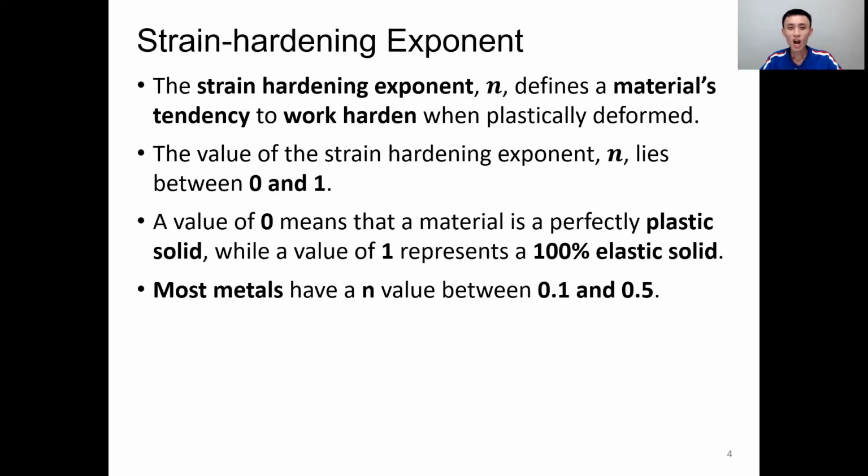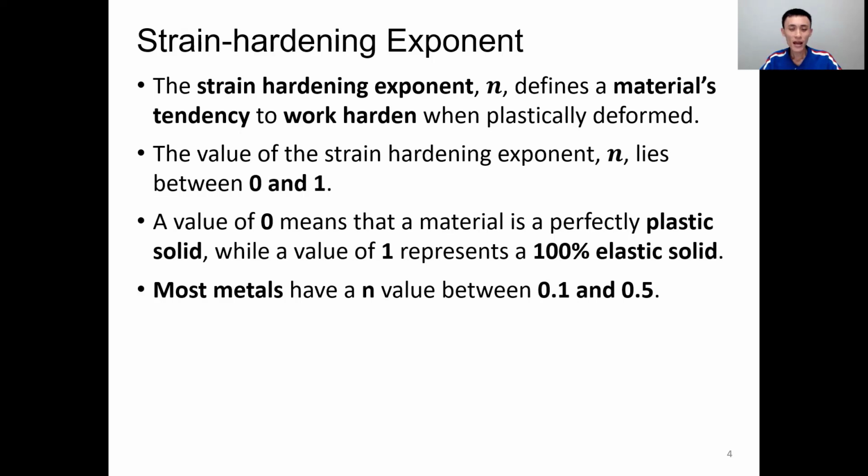The strain-hardening exponent defines the material's tendency to be work-hardened while plastically deformed. The value of the strain-hardening exponent is between 0 and 1. 0 means the material is a perfectly plastic solid, and if the number is close to 1, it means the material is a 100% elastic solid.